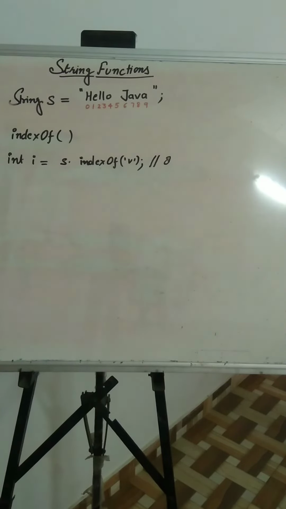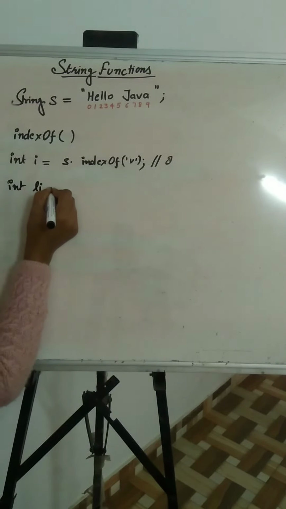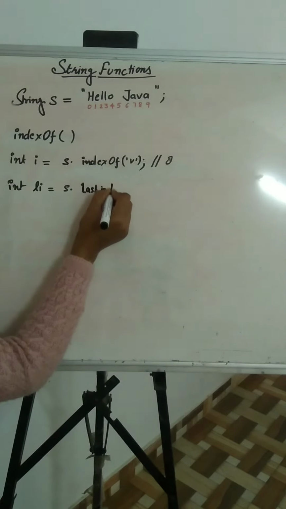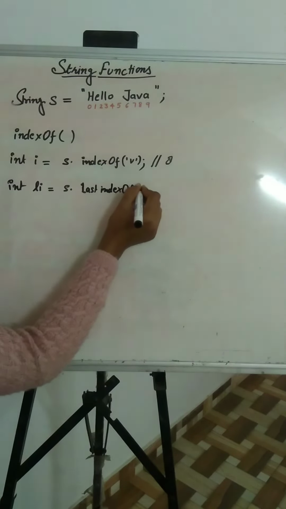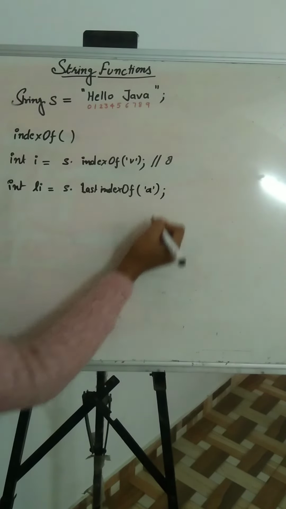Next is lastIndexOf. This function is similar to indexOf. Suppose here a is present 2 times. So here we write int li, last index, equals s dot lastIndexOf.